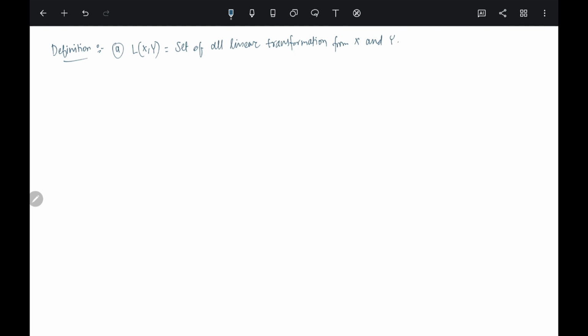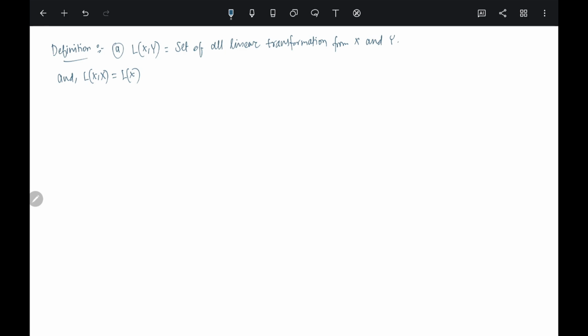Clear? And if there is a linear operator on X, we just write L(X,X), so basically a linear operator on X, we just write it as L(X). Clear? So this is just a notation which you are going to use.